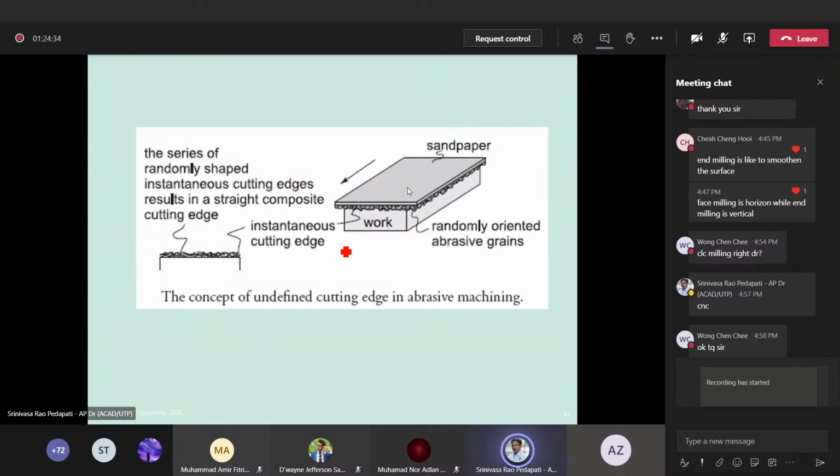So how does it look like sandpaper, for example, and how are the abrasive particles placed? The series of randomly shaped instantaneous cutting edges results in a straight composite cutting edge. That means the small abrasive particles that are laid on the paper work as a cutting tool, and they make the cutting edges and perform. Suppose this is the work, ground by sandpaper.